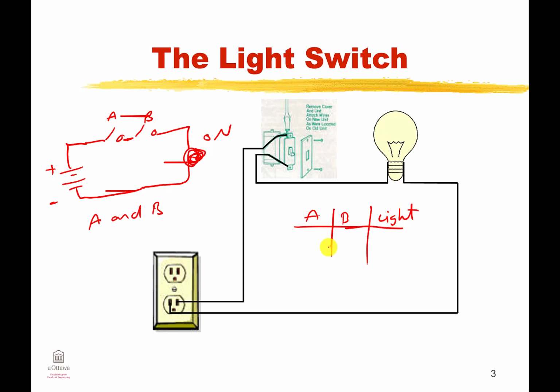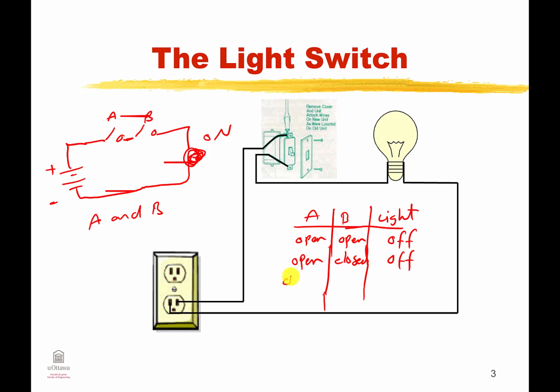Okay, so if A is, let's say, open, and B is open, that means the light will be off. And if A is open and B is closed, the light is still off, because both of them have to be closed for the light to be on.